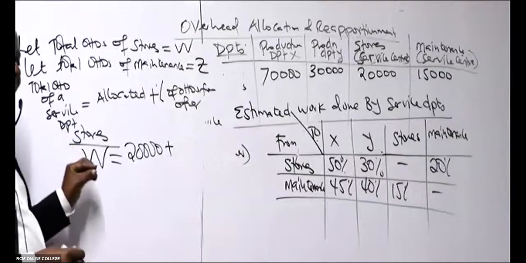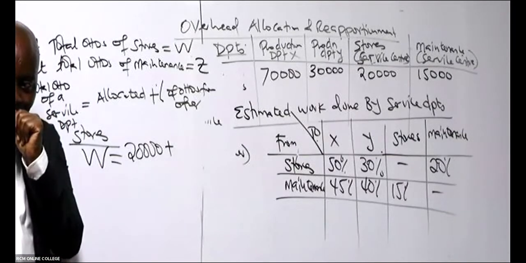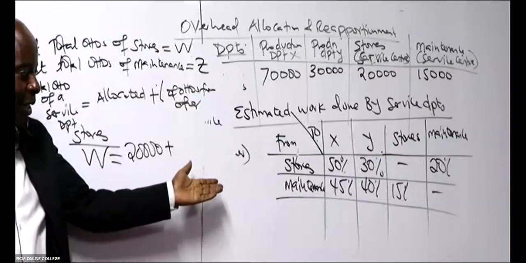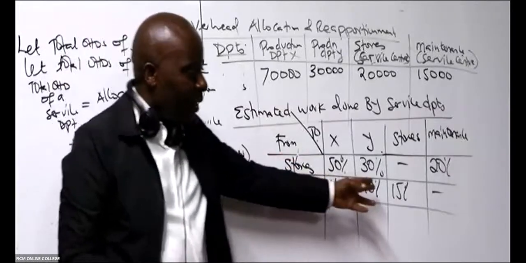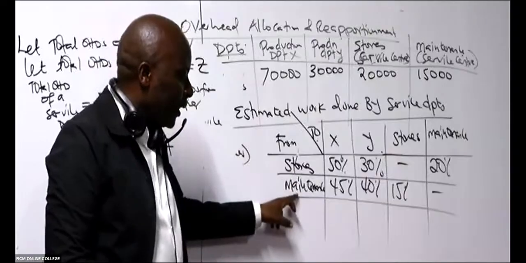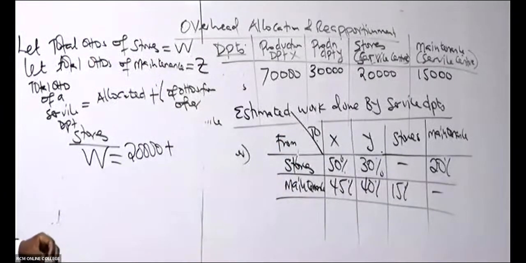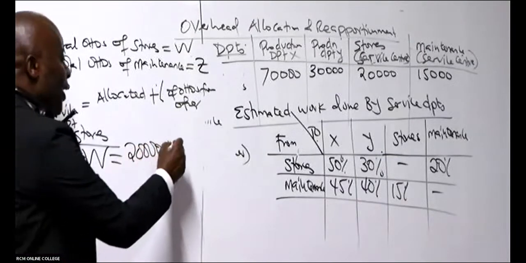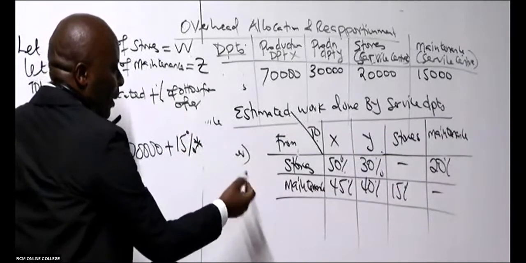Now, is this stores department getting some percentage from any other department? Yeah, I can see down here, from maintenance to stores. So stores is getting what percentage here, somebody? It's getting 15%, isn't it? So it will be 15% of the total overhead of maintenance.